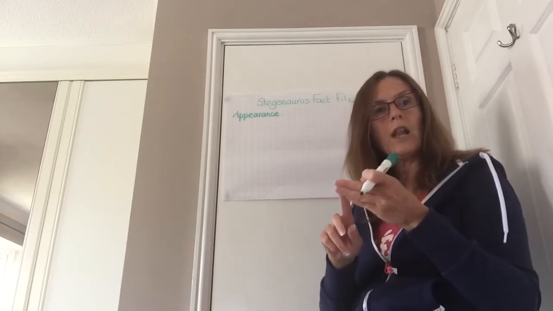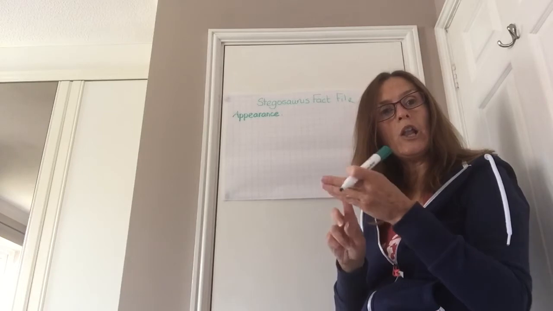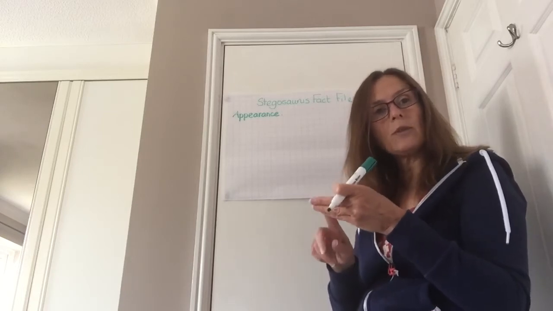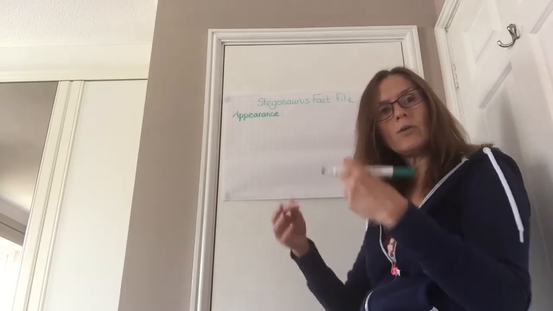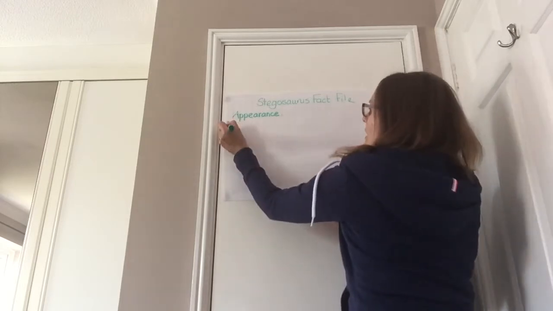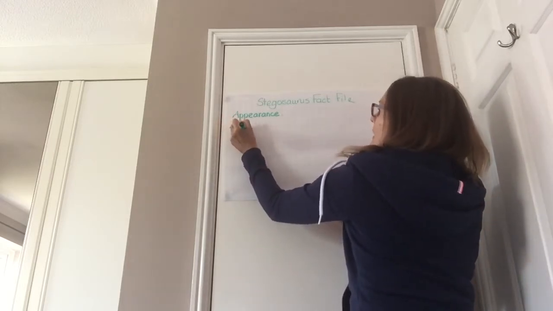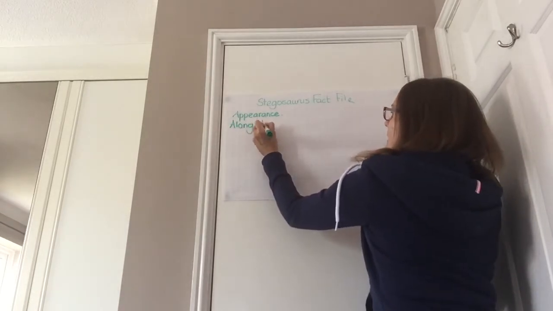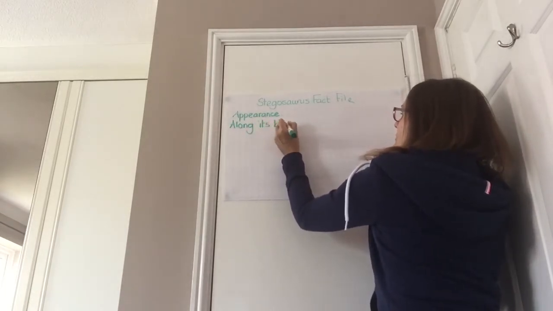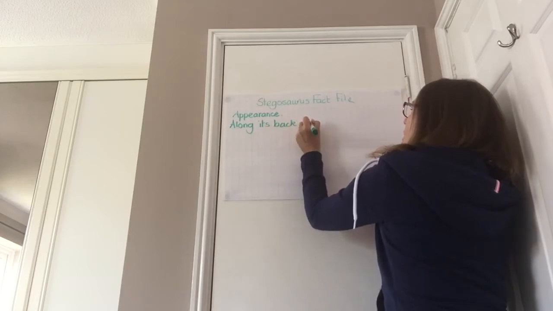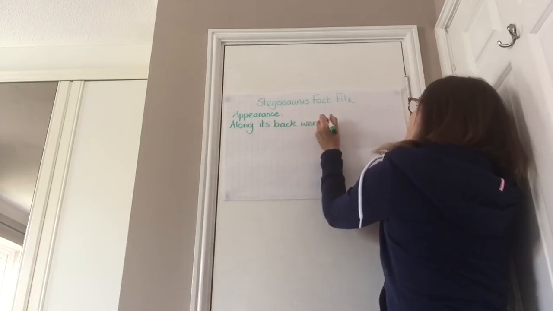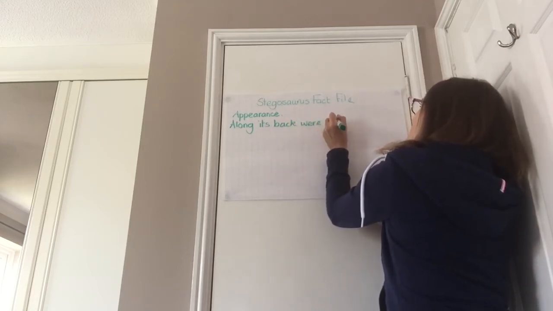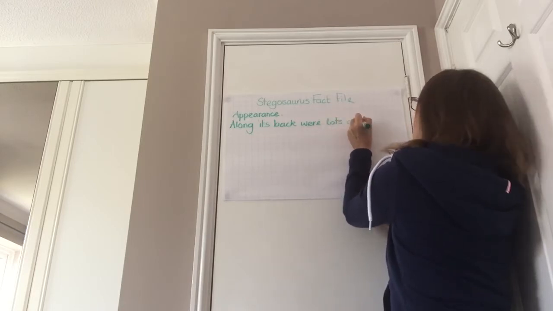So I'm going to start with, along its back were lots of plates which helped it to keep warm and soak up the sun. So, along, I keep saying my sentence as I'm writing, along its back were lots of plates.